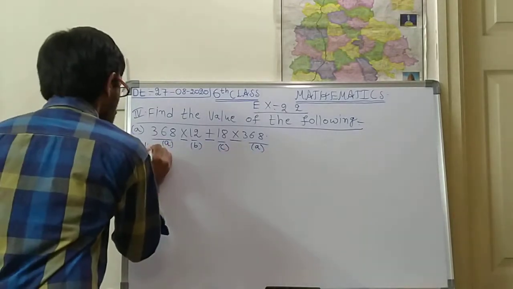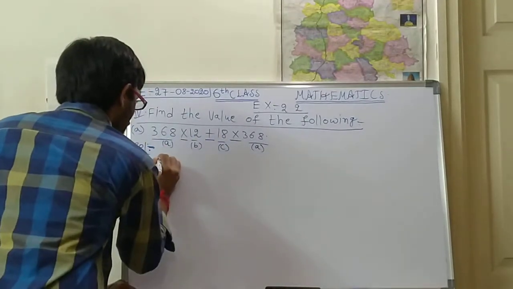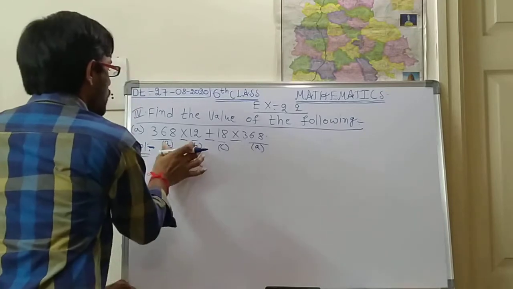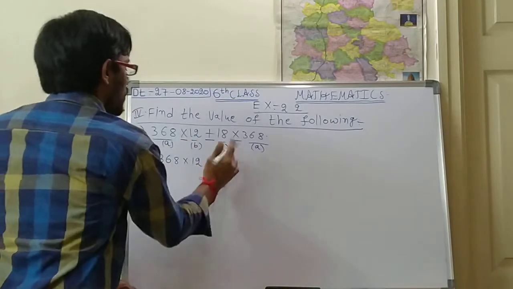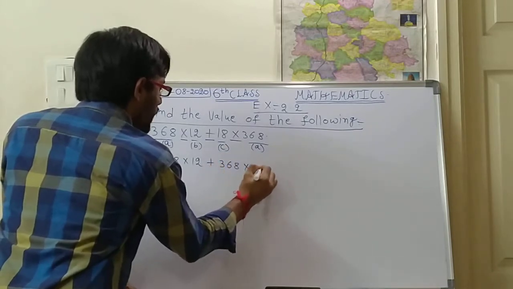In the solution, first of all I change it. Can I write it like this? 368 into 12 is A into B, plus 368 into 18.